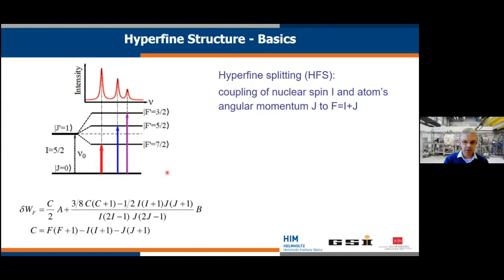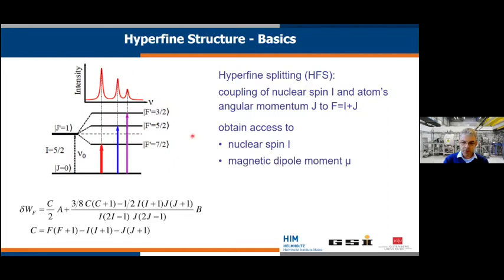From these transitions, from the position of the transition and from the relative intensities of such a pattern, you can, of course, obtain various information. Here you see the energy splitting delta W is given by these constants, which are mainly related to the spins I, J, and F. And as I said, from the splitting pattern and the relative intensity, provided you have sufficient statistics, you can really distinguish which nuclear spin gives you a correct fit of your spectrum.